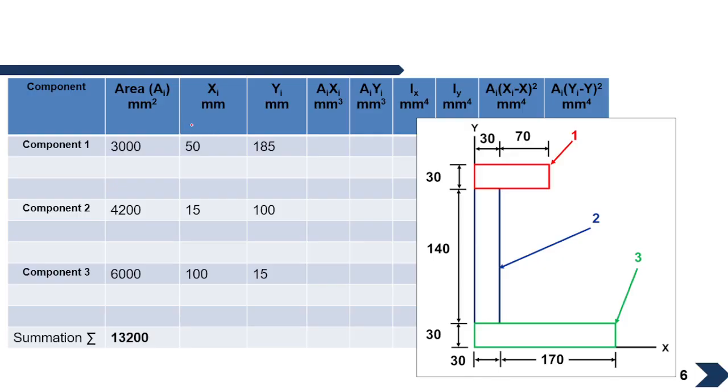The trick here is that to find the centroid about x-axis, you have to find it horizontally, means you have to measure it horizontally, and you have to measure it from the y-axis. It should be measured from y-axis, as we have already decided. So we'll see that first.